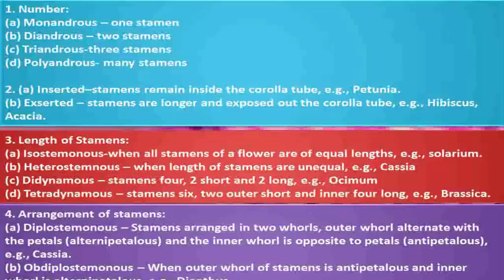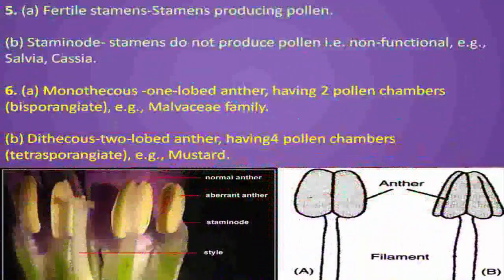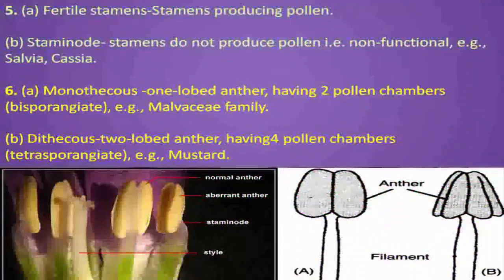So far we have studied the stamen based on the number, based on the position, inserted and exerted, based on the length of the stamen, and based on the arrangement of the stamen. Now the fifth distinction has been made on the basis of their pollen-producing capability.